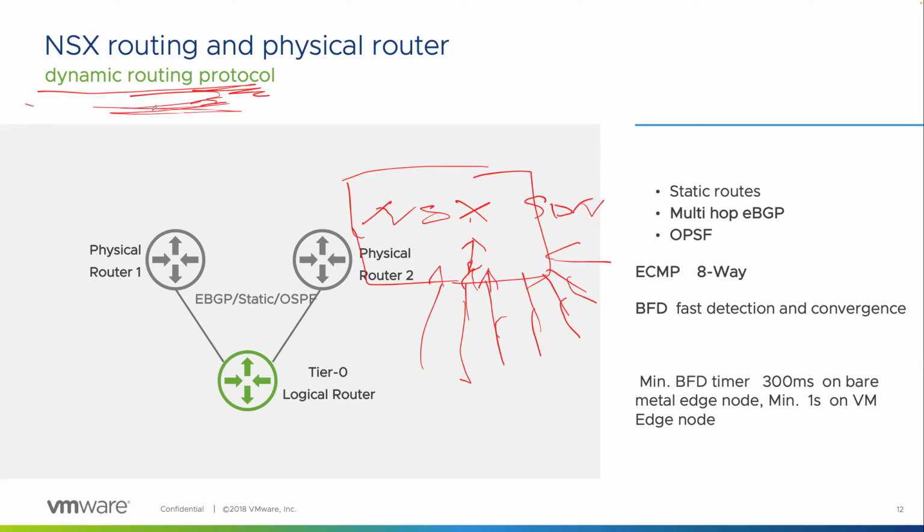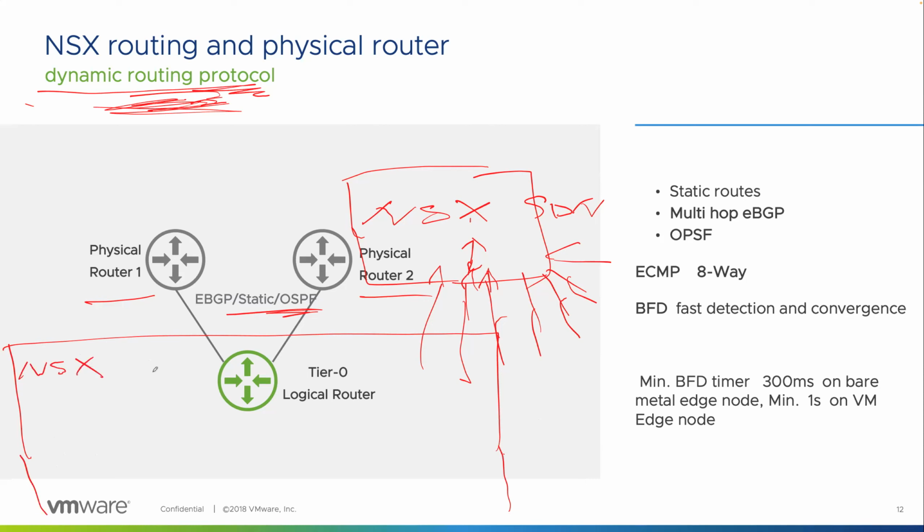And here we just bring this up: let's show you how to connect with a physical router. So here's physical router 1, here's physical router 2, and below is NSX, right here. So we have a logical router, right? Do we have to have only one logical router?